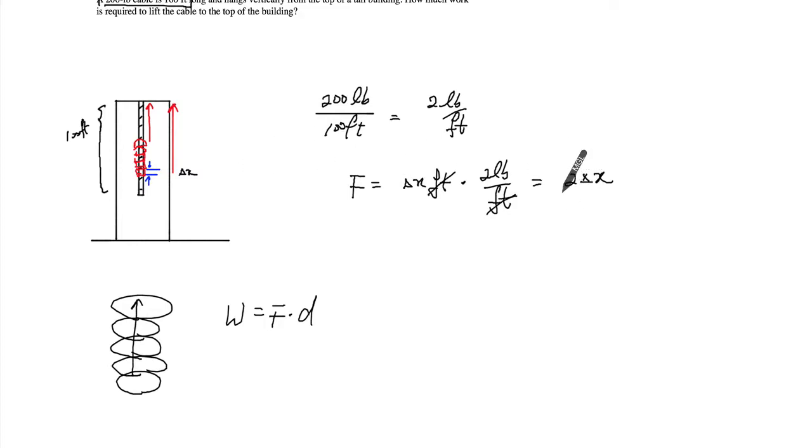And we're concerned about what distance each piece is carried up to. So work would be 2 delta x. Each one of these represents a force of 2 delta x.